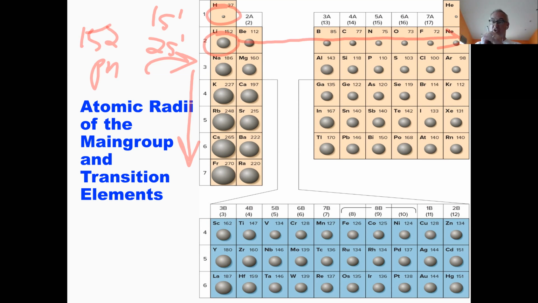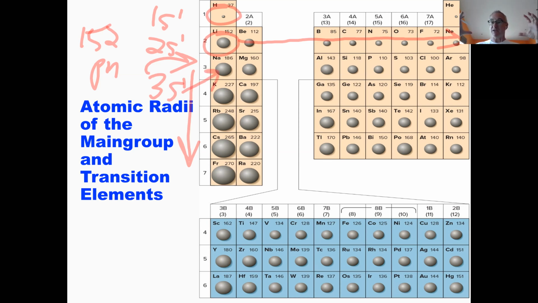So that atom has basically shrunk by half as we've gone from lithium with 3 protons to neon with 10, because those protons are pulling on those electrons more and more as we go across. And then once we add another electron, we go to 3s1 with sodium, boom, it explodes again.